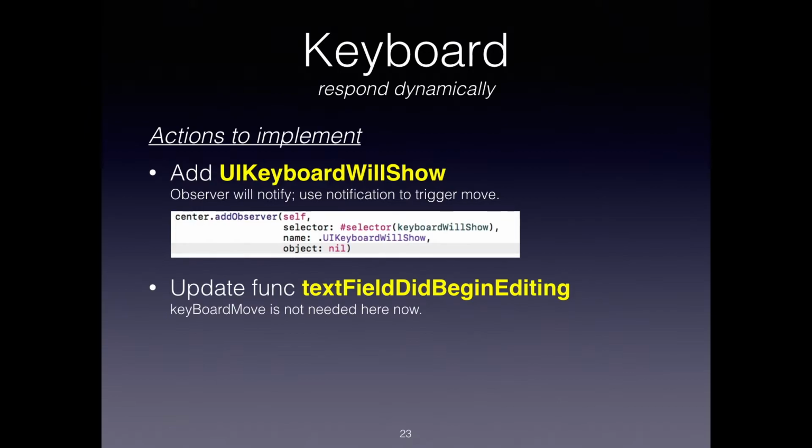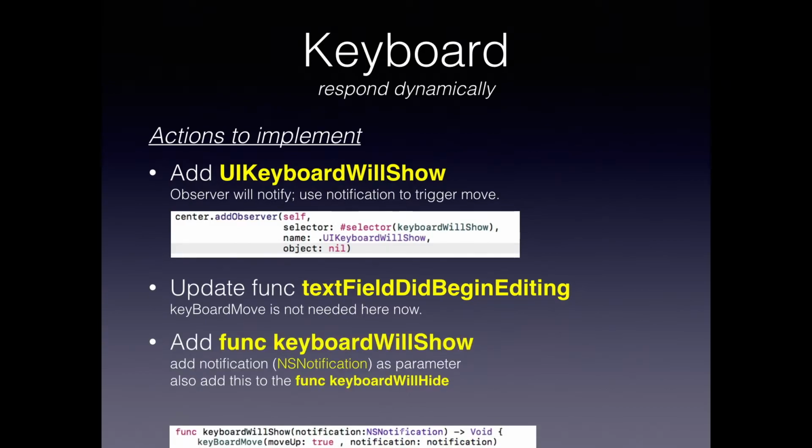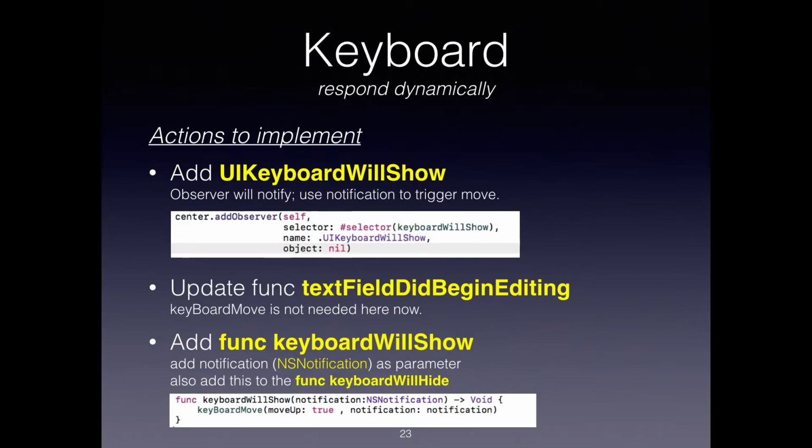So we're going to add an observer, and what we're listening for is the keyboard will show. And when it does, we're going to execute a function called keyboard will show that we will write. Okay? And then the keyboard will show will then call the keyboard move function that we already built.